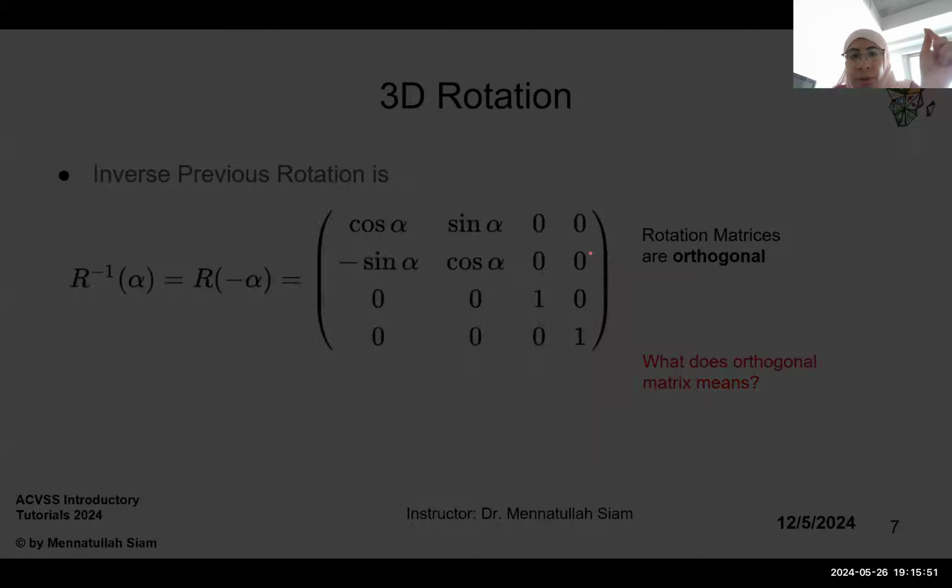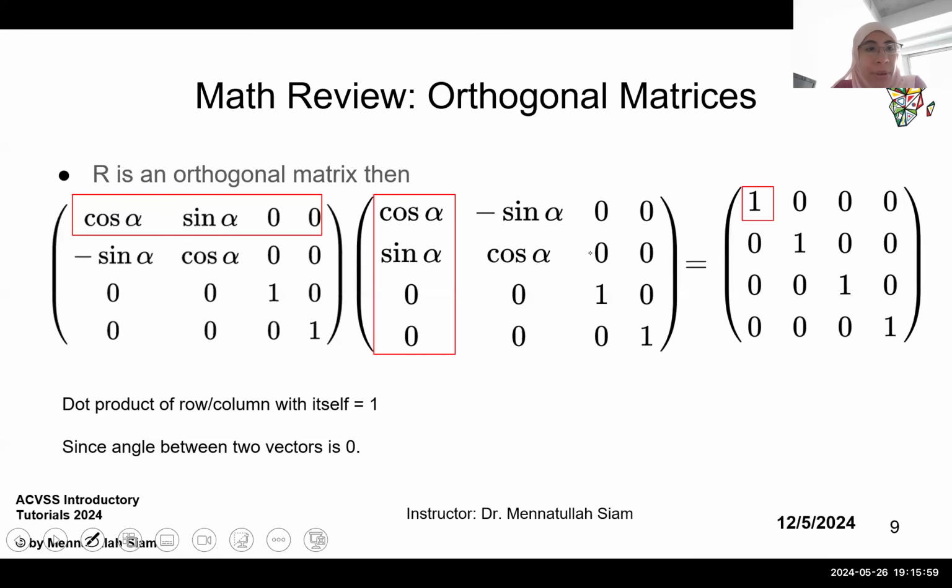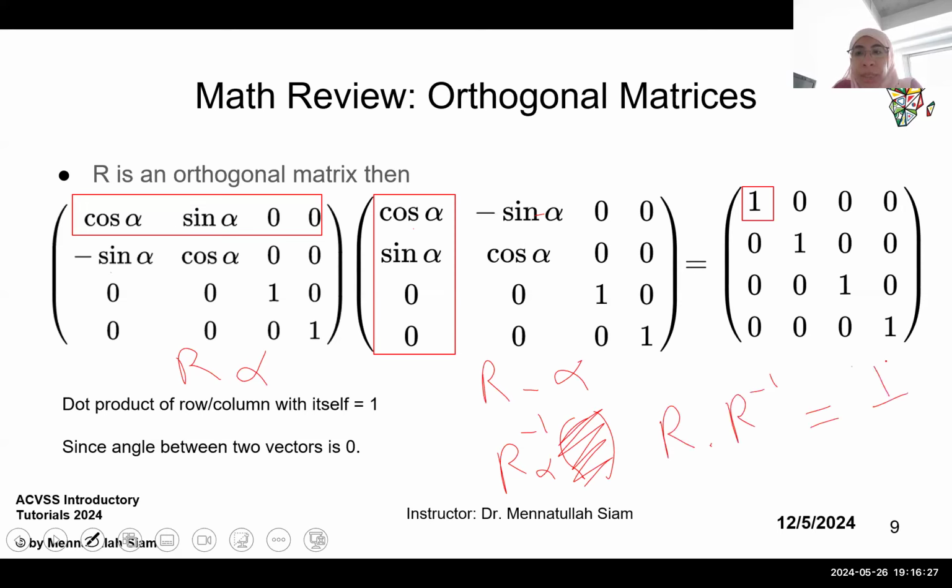Now, why am I telling you this? Because for orthogonal matrices, the inverse is the transpose. So I'm showing you here, this is R with alpha. This is R with negative alpha, what we call the inverse. You see cosine, negative sine, it just got transposed. So if you take R multiplied by R inverse, you expect the identity.